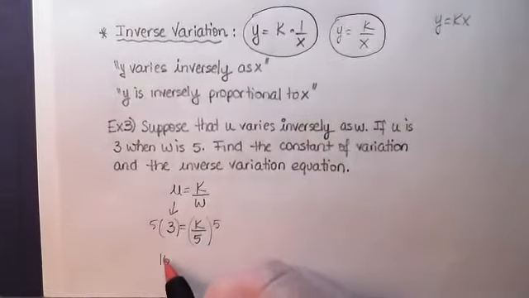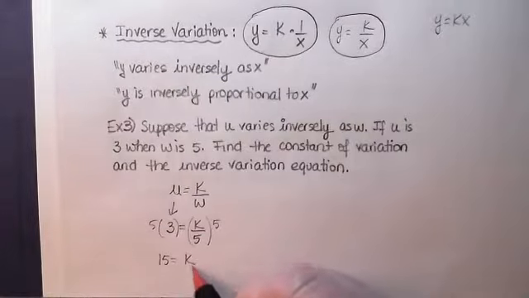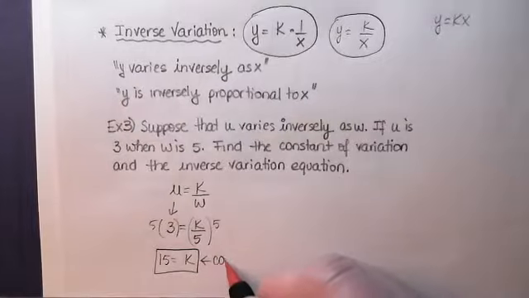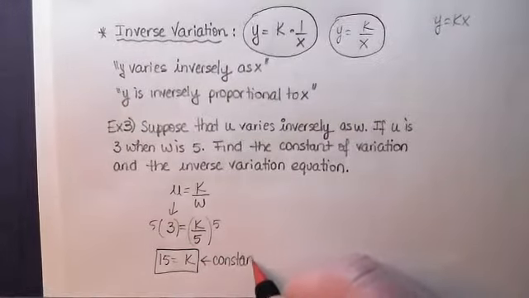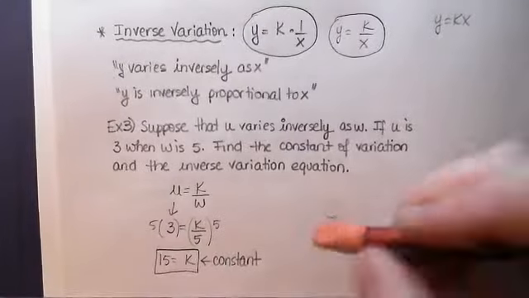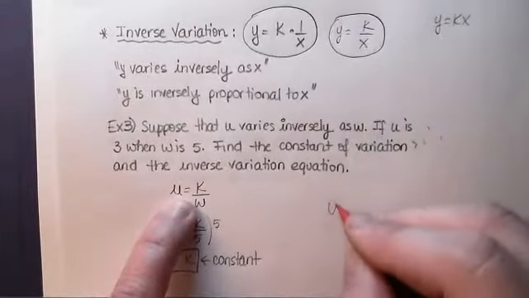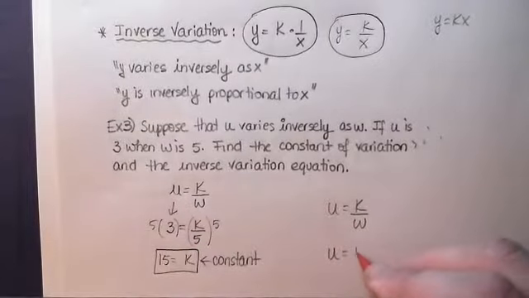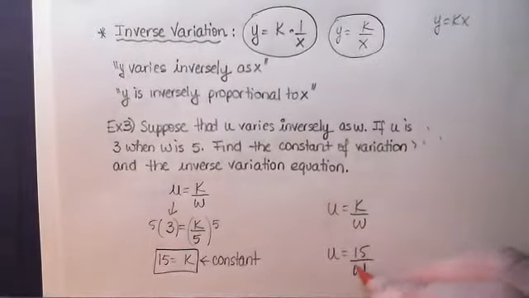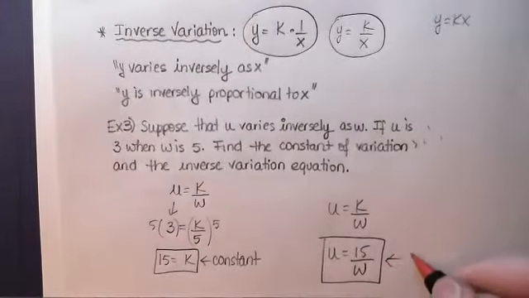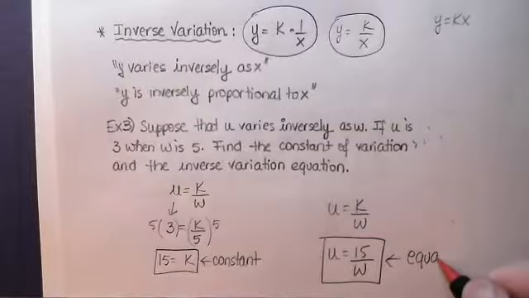So this would be 15 equals k. That means our constant is 15. And our equation is this guy right here. Since we found k to be 15, u equals 15 over w. So that's our equation.